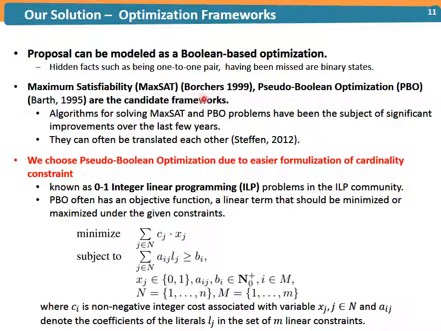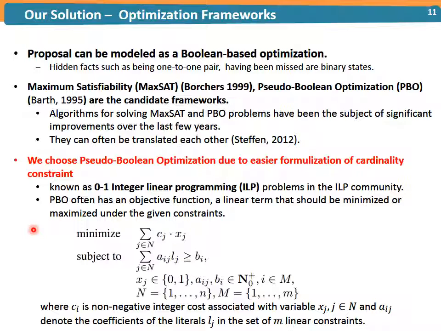There are some good candidates, like maximum satisfiability, or MaxSAT, and pseudo-Boolean optimization, or PBO, because MaxSAT and PBO have very good algorithms developed recently, and they can often be translated into each other. In our particular case, we choose PBO due to easier formalization of cardinality constraints. It is also known as 0-1 linear programming in the ILP community.